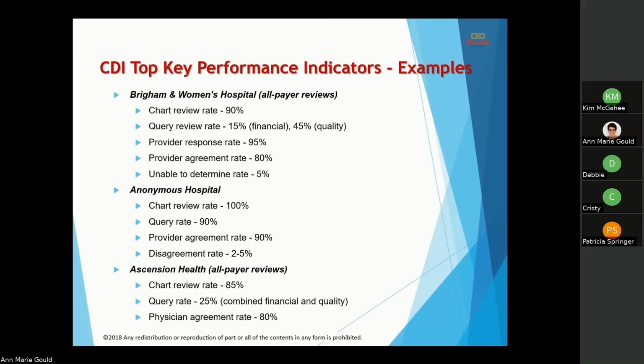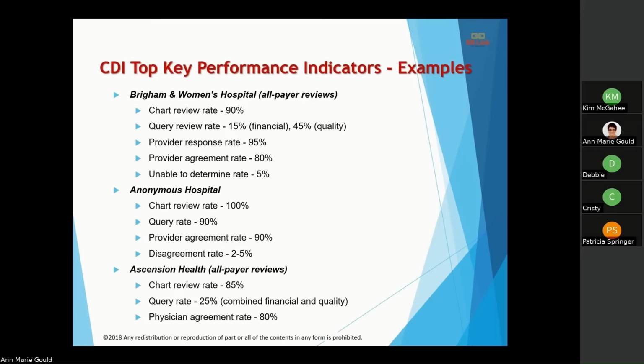We're above our goals. That's why Brigham and Women's Hospital's chart review rate went up to 90%, because their initial program had a chart review rate of 40%. So they made some changes. They had a vendor come in to help streamline some stuff, and then, of course, they got the CDI program to help their CDSs make it easier to do reviews and increase, and then all the electronic medical records that are out there.